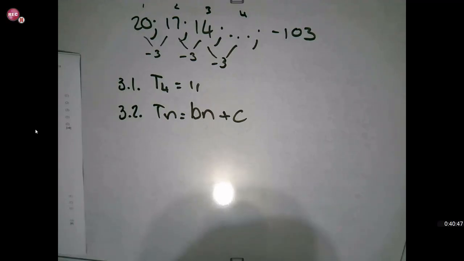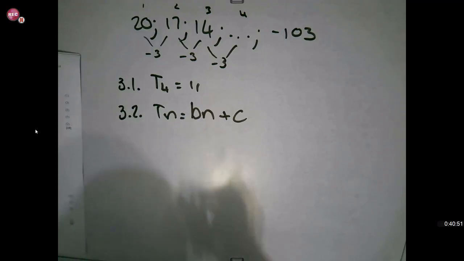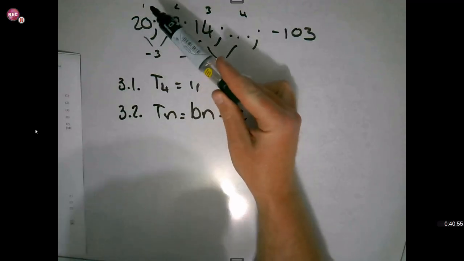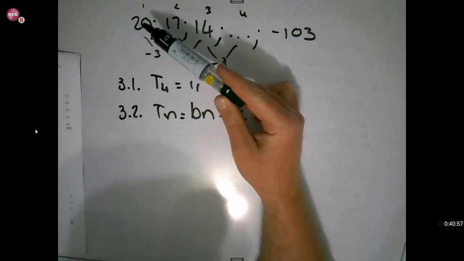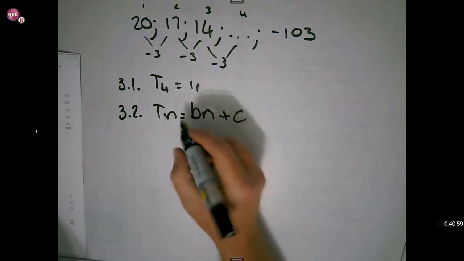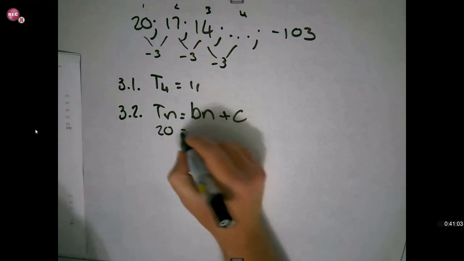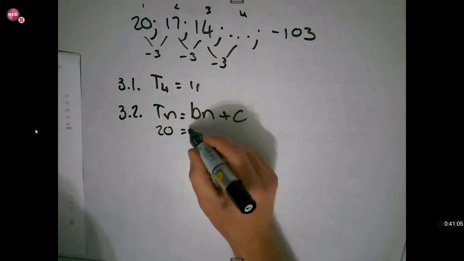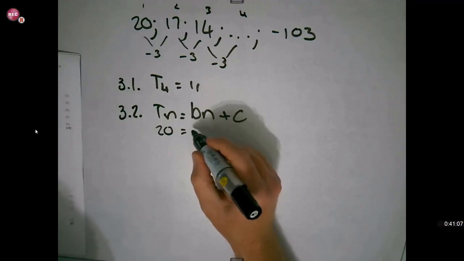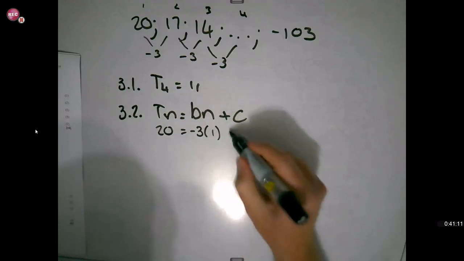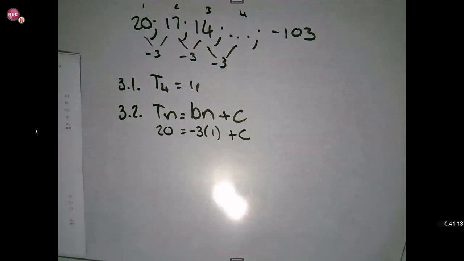In this case, you need to understand that when we go and find the general rule, you need to work with the difference, number 1, as well as the input, which is your position, and the output. So, in this case, the output is 20. The constant difference is negative 3. I substitute my position, which is 1, plus c, because I need to find the constant.